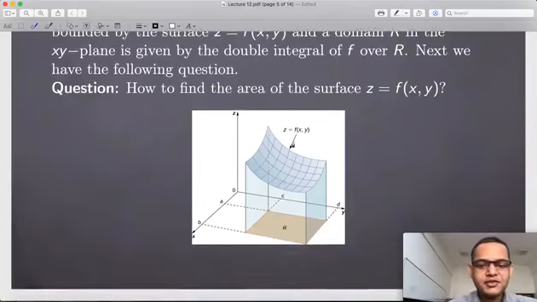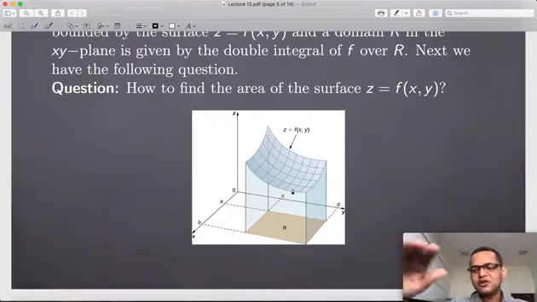Imagine a tent, and you lower the curtains along the sides, so it gives you a room. You want to see what the volume of that shape is. But there can be another question: we want to find the area of the top.